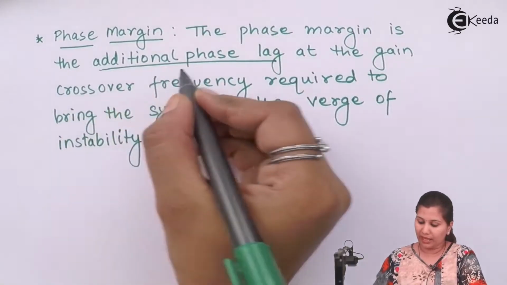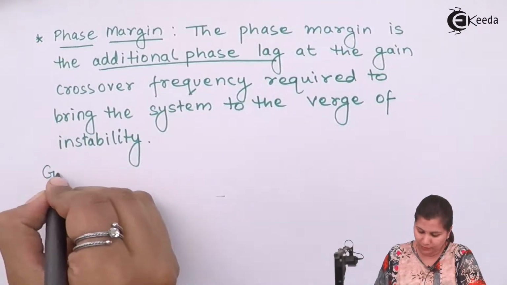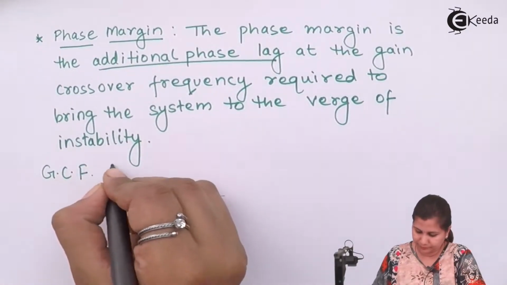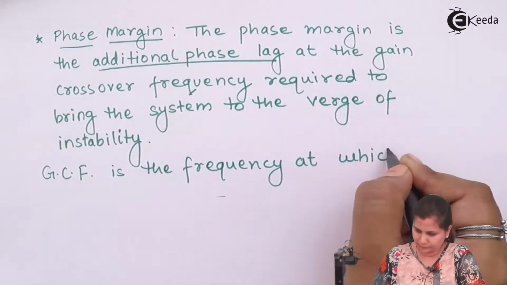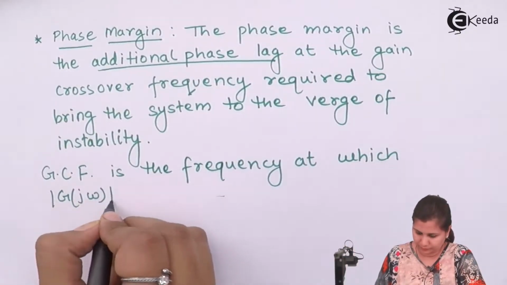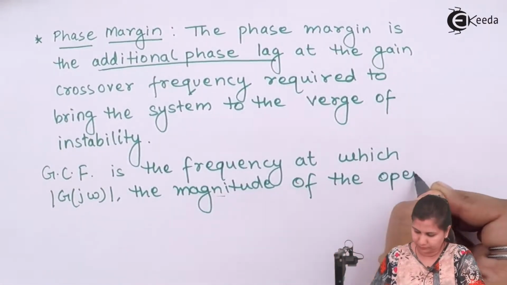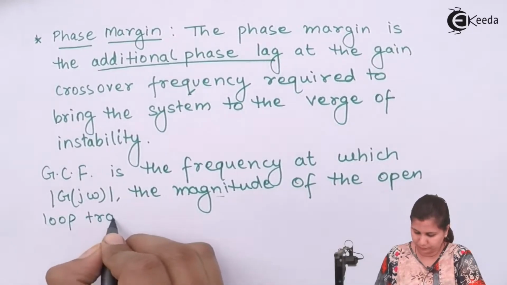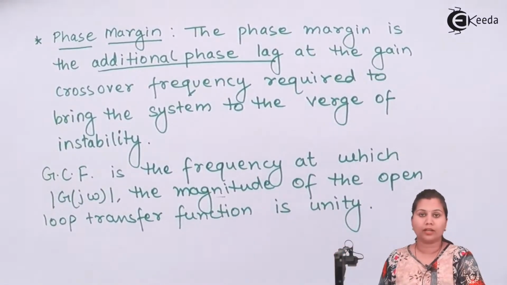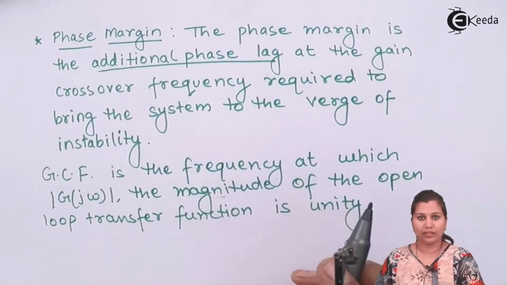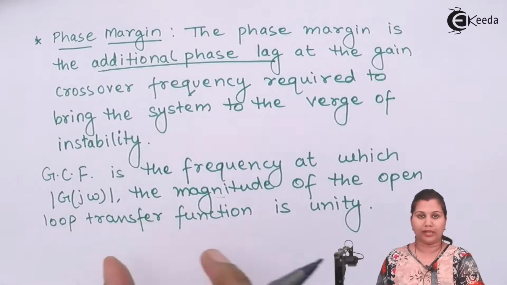Now here we have another term, gain crossover frequency. So let's define it. The gain crossover frequency is the frequency at which the magnitude of G(j omega), which is known as the open loop transfer function, is unity.